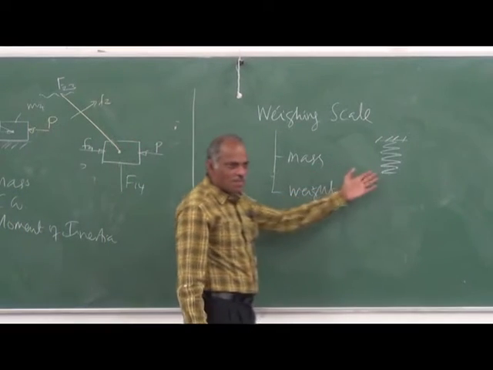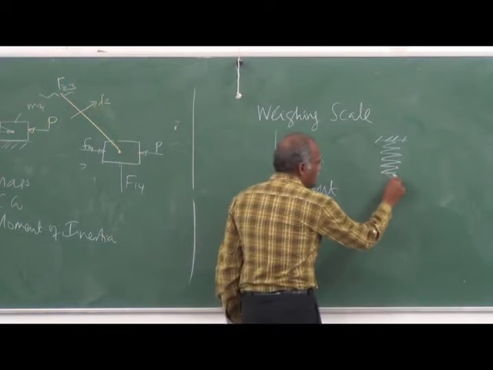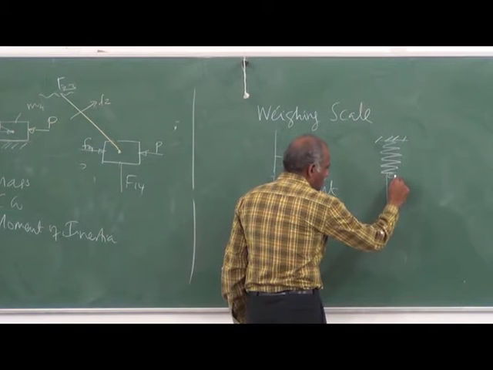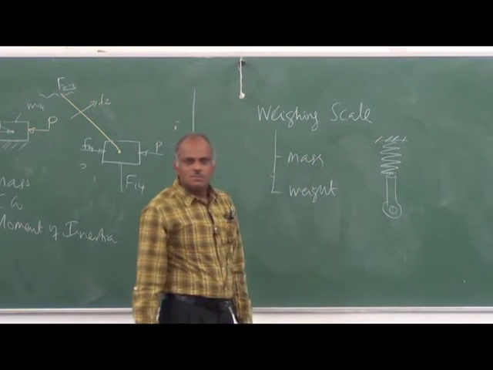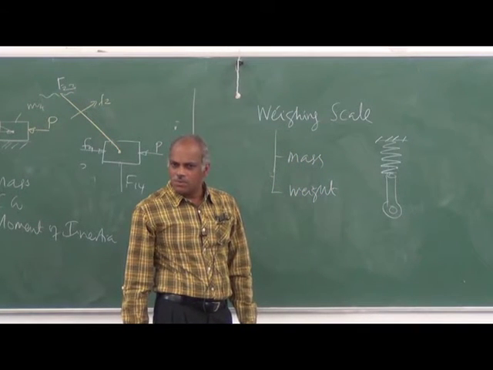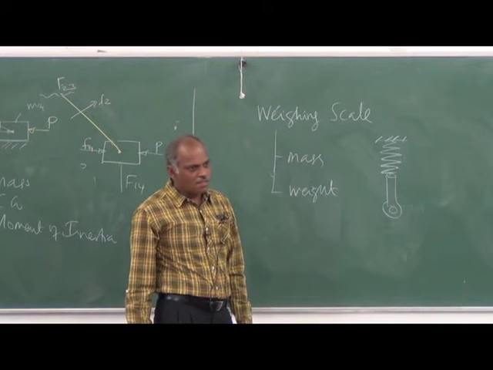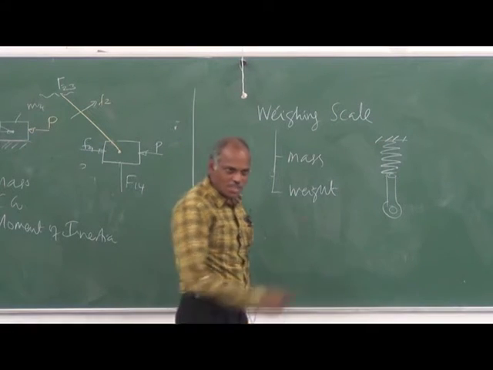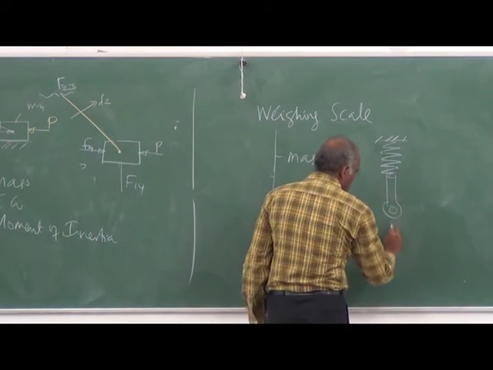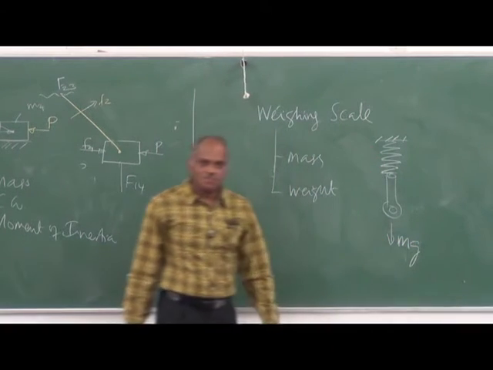If you are using a spring balance for measuring the mass, and you attach your connecting rod here, what will it be responsive to? The spring will deflect based on the applied force or mass. Force. It is responsive only to the force. So it will be responsive to M into G.